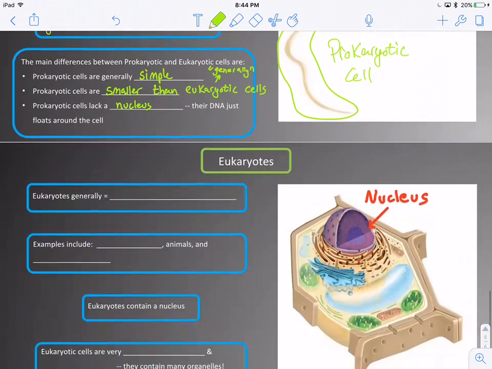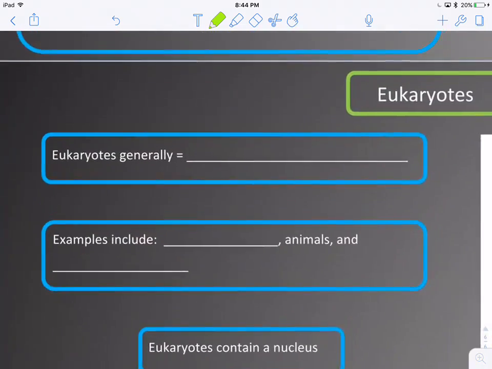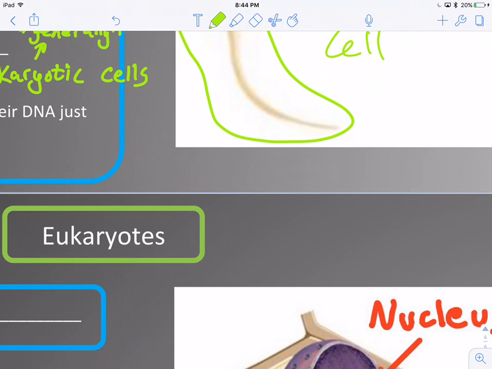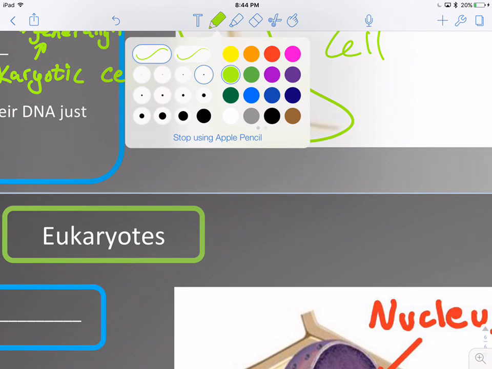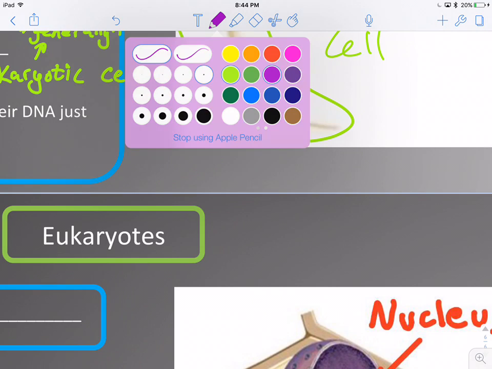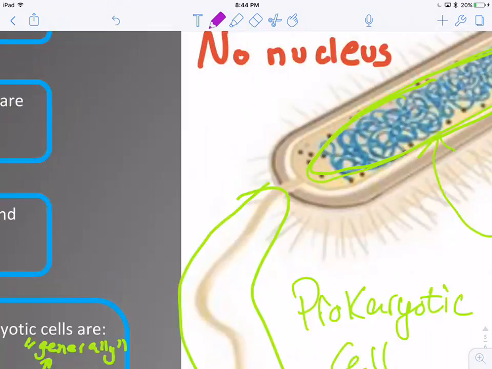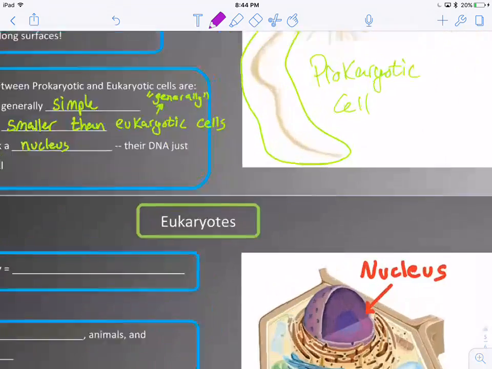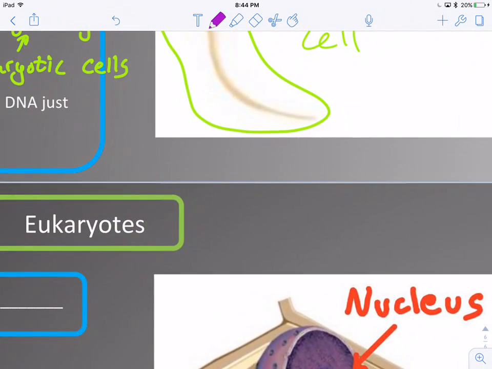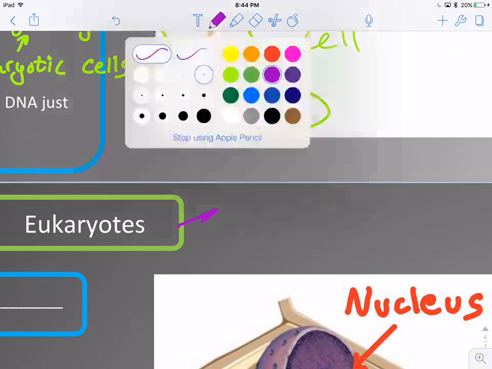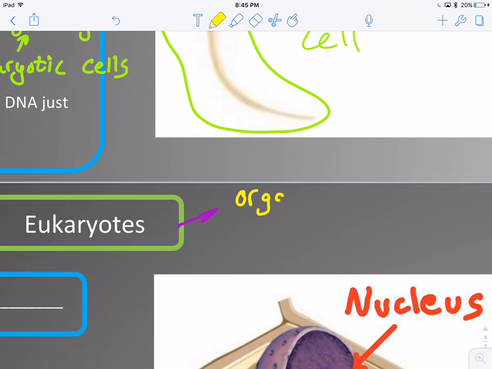Eukaryotes, on the other hand, when we say eukaryotes, these are organisms composed of eukaryotic cells.